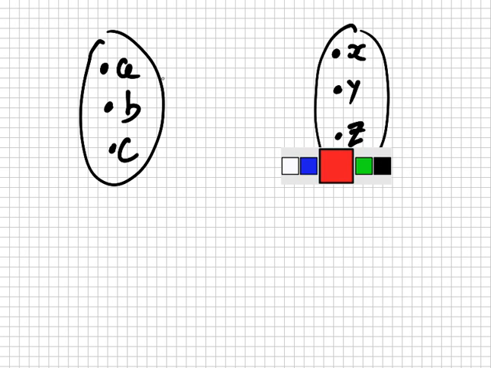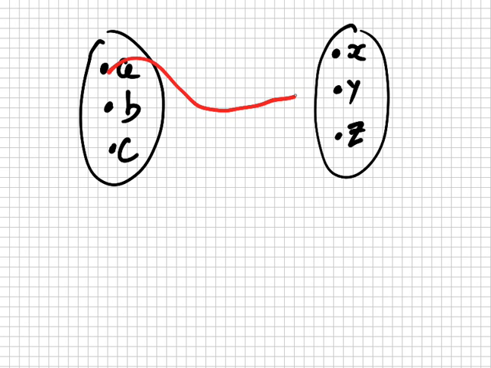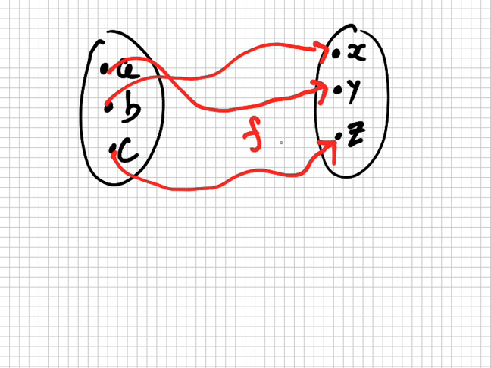I'll call them A, B, and C. And in the codomain, there are only 3 elements, X, Y, and Z. Let's suppose f of A gives me Y, f of B gives me X, and f of C gives me Z. If your function gives you one unique value for every unique value that goes into it, we call this function one-to-one.